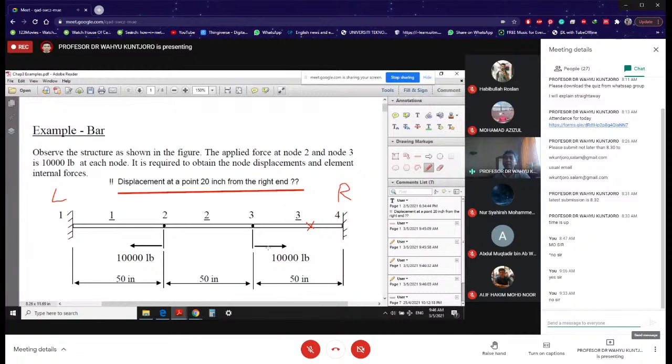So this means that 20 inch from the right end, of course, that's the point. And please make sure that you identify that point belongs to which element. So if you look at what we have over here, that point belongs to element number 3.